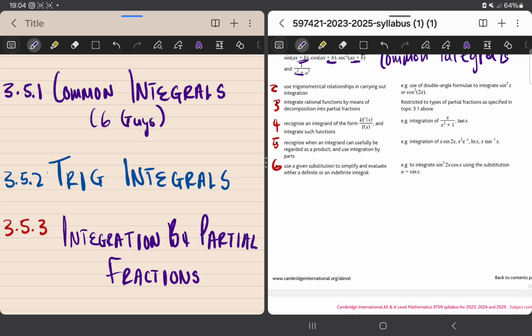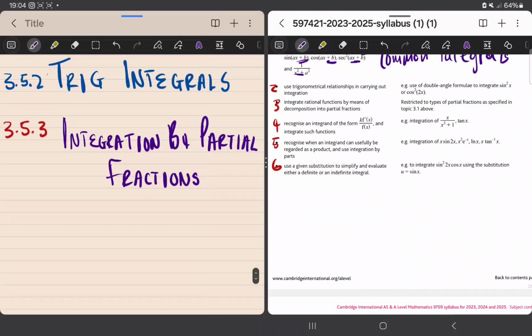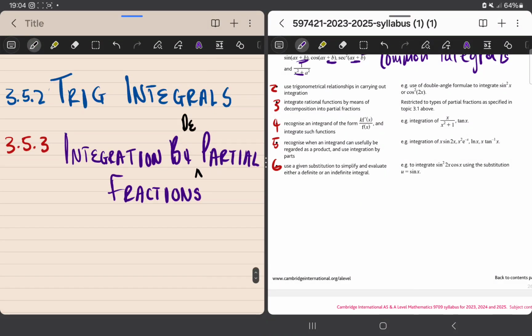Then once we have done that, we can now integrate it. Partial fractions is a way of decomposing. You'll be breaking down the denominator of guys and you make 2 new fractions. And then we are going to integrate those guys. So we are going to do common integrals, then trig integrals, then integration by partial fractions, by decomposition into partial fractions.